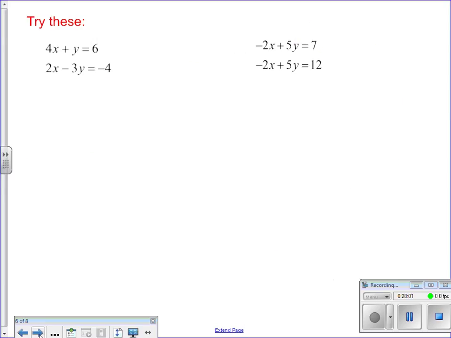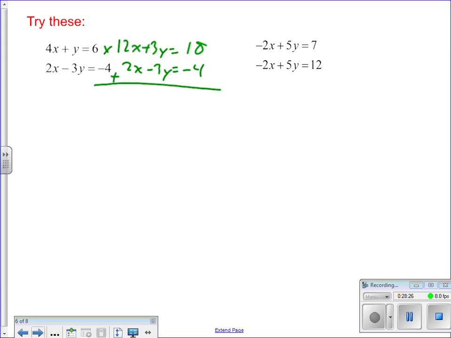And then the last two problems. Can't add, can't subtract. I can multiply, and I only have to multiply the top one by 3. So I get 12x plus 3y equals 18. Copy the other one over. 2x minus 3y equals negative 4.